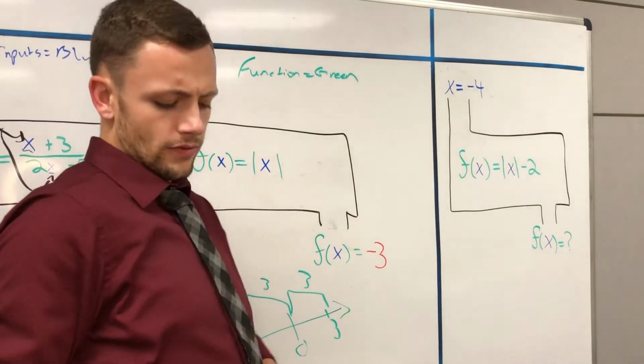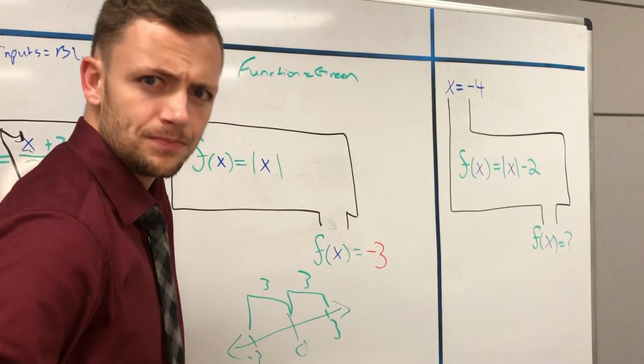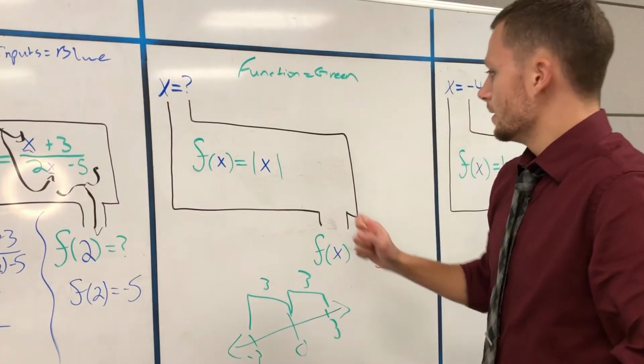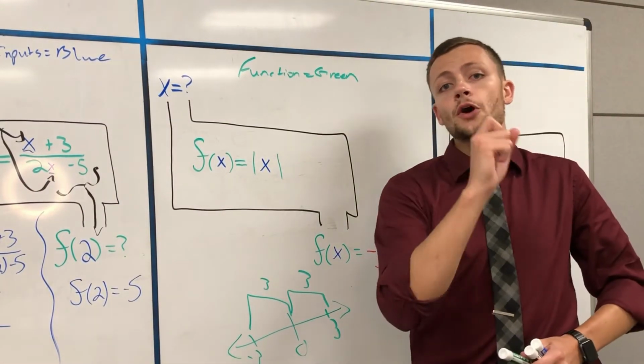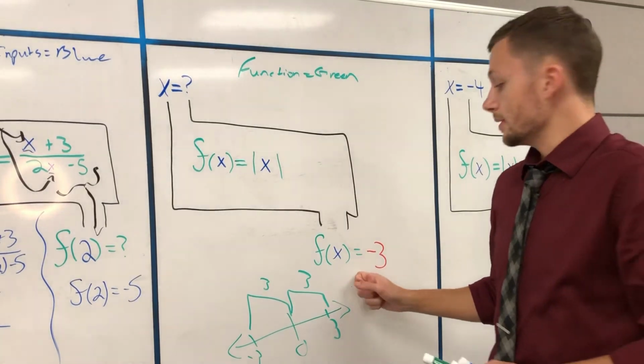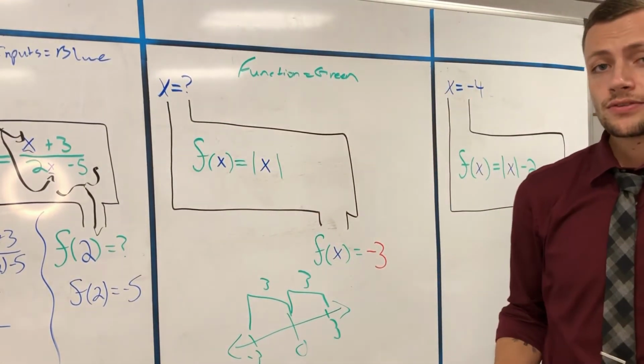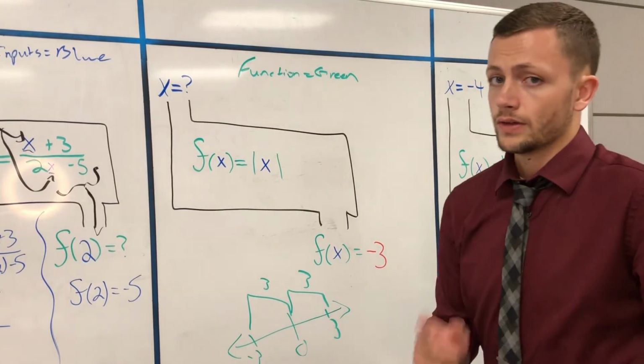So can I ever have an absolute value that's negative 3? See, that's the trick. There is no input at all that would give me this output. The output negative 3 does not exist for the function f of x equals the absolute value of x.